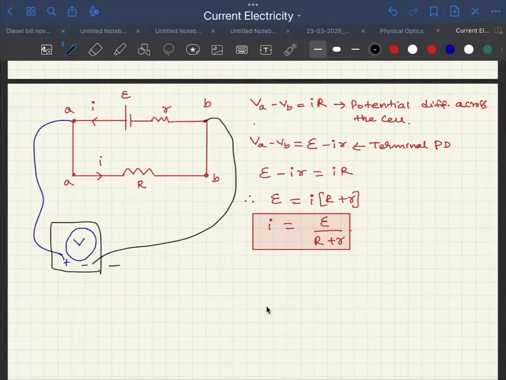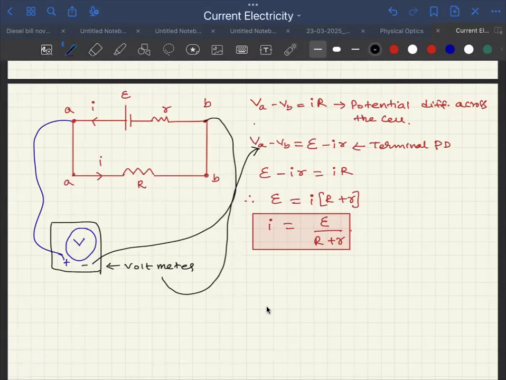Remember, it will measure terminal PD. So don't assume that it will show EMF.